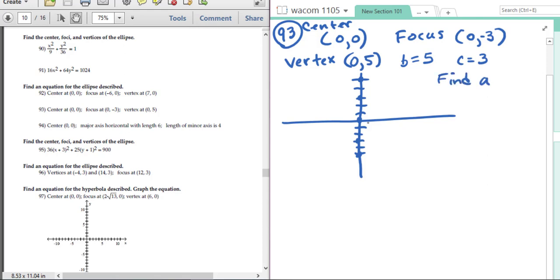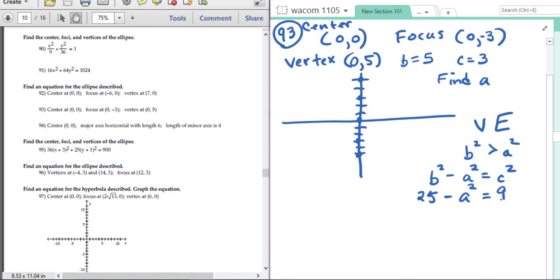Because it is vertical, that means that b squared is going to be bigger than a squared, and you're going to do b squared minus a squared equals c squared. So b squared would be 25, minus a squared we don't know, c squared will be 9. I'm going to move the 9 and move the a squared.